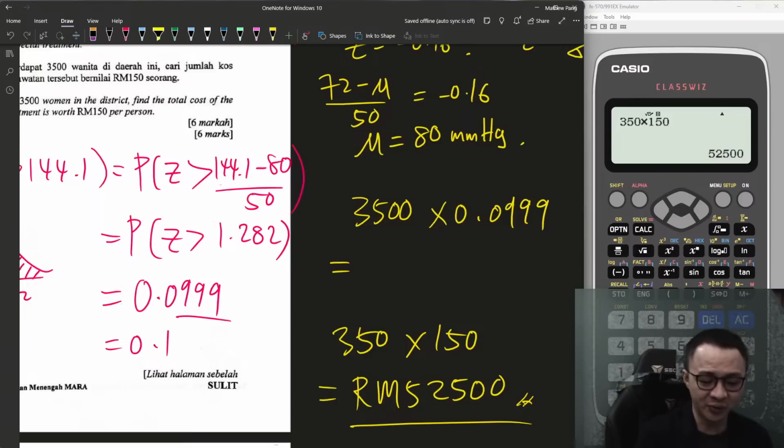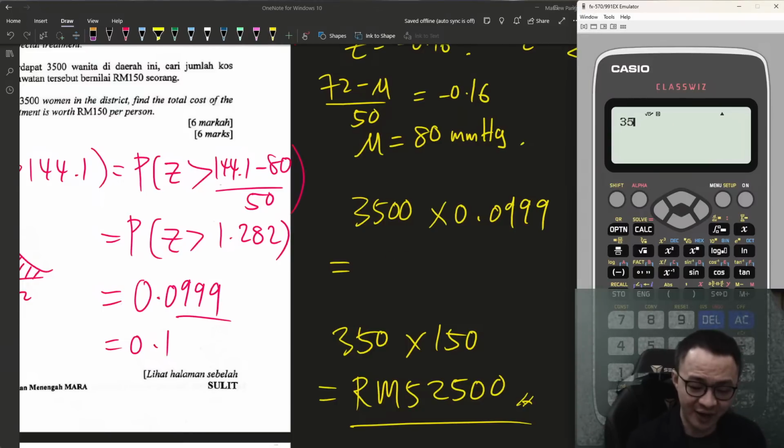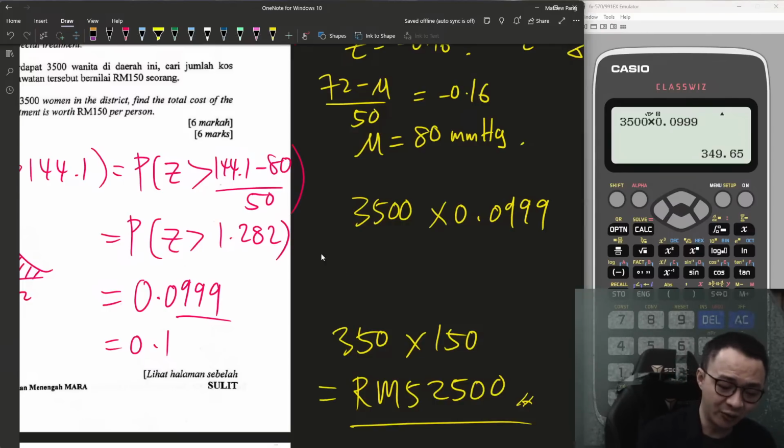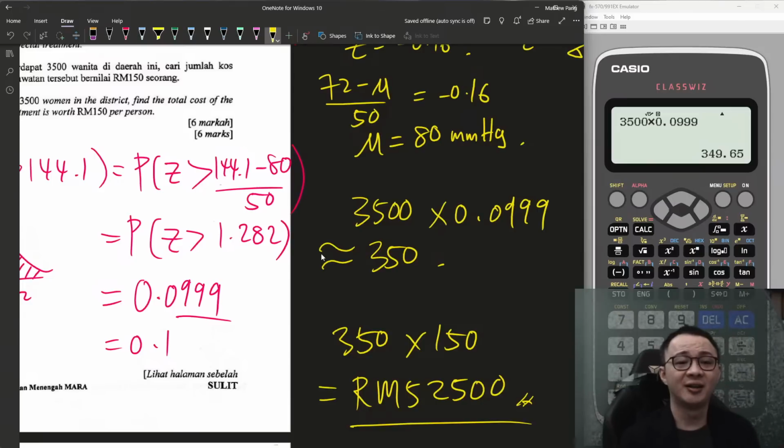Yeah, can also. So 3,500 multiplied by 0.0999. So we have about 349. Actually, I would say about 350 people also, because you round off, right? Yeah.